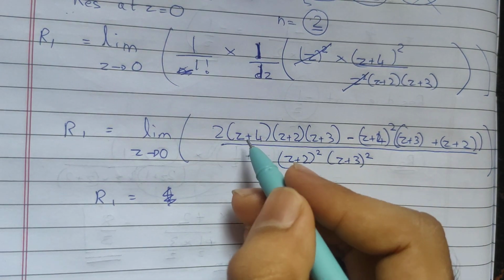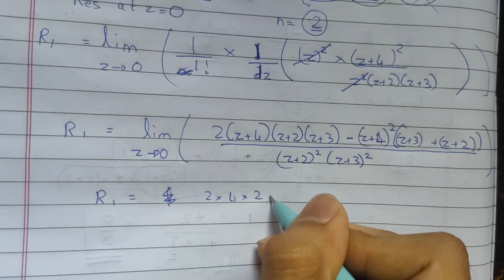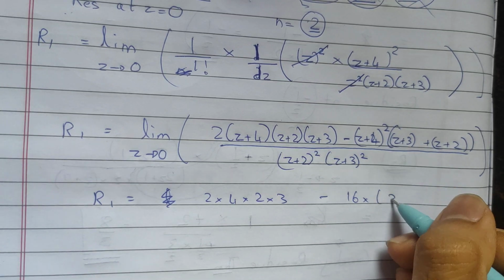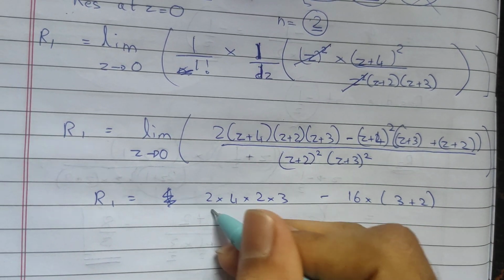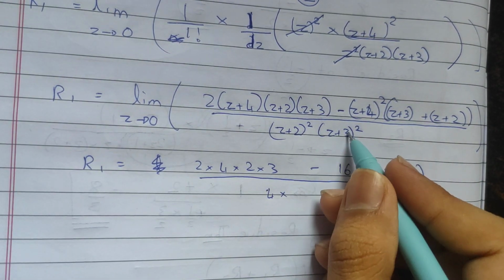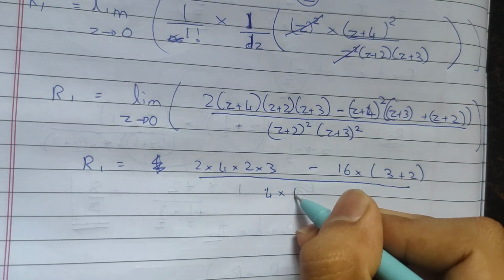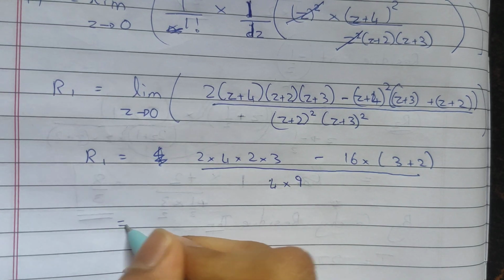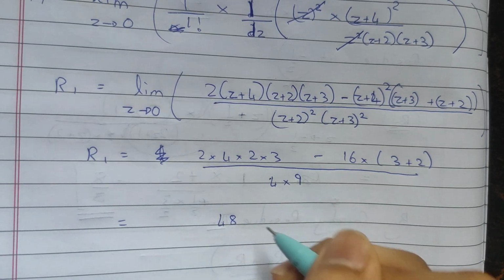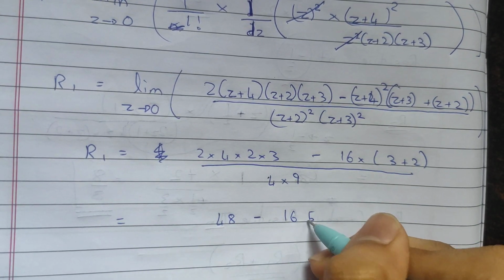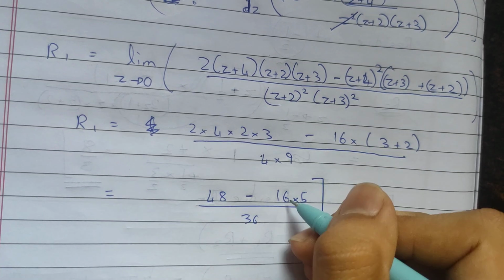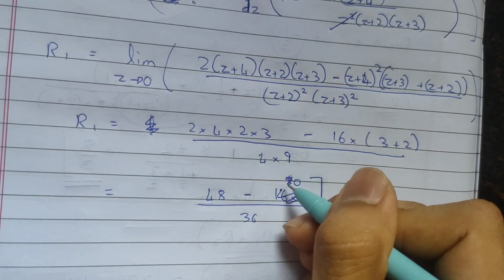Now we can just put z equal to 0, since we don't have any singular points at the bottom. We get 2 into 4 into 2 into 3 minus 4 fours are 16, so 16 into 3 plus 2, upon 2 twos are 4, and 3 threes are 9. We get 16 threes are 48 minus 16 into 5, upon 36. 16 fives are 80.